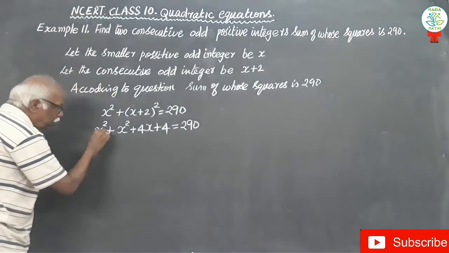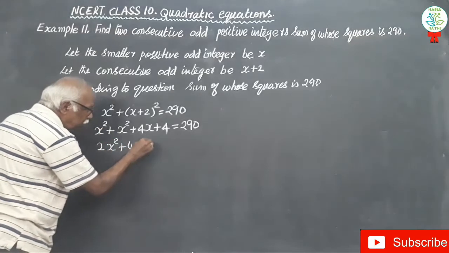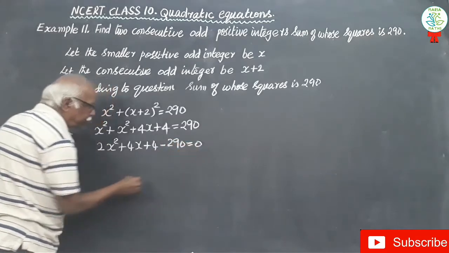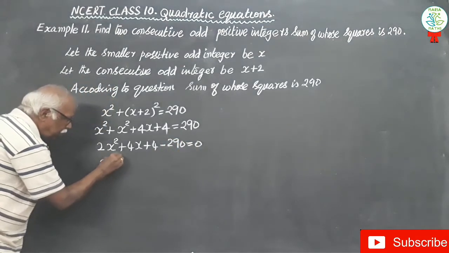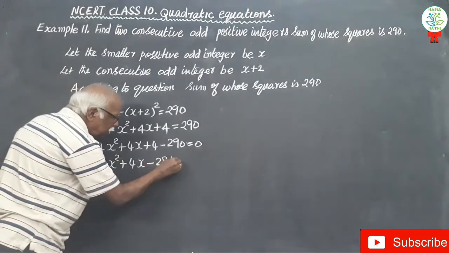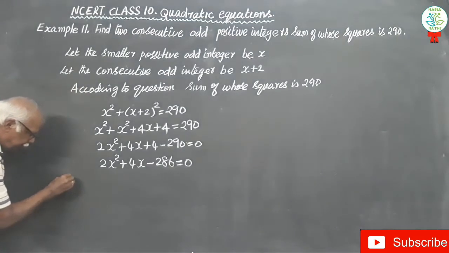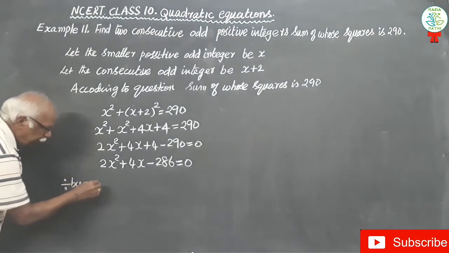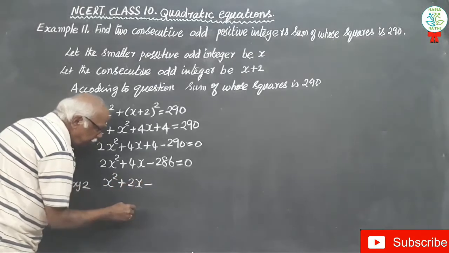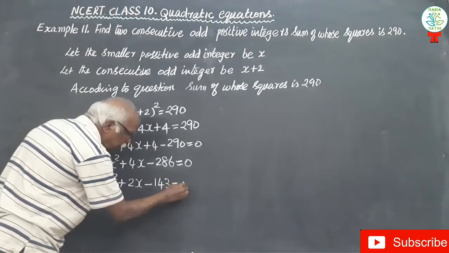x square plus x square, 2x square plus 4x plus 4 minus 290 equal to 0. 2x square plus 4x minus 286 is equal to 0. இப்போ dividing by 2 பண்ணிக்கலாம். Dividing by 2, x square plus 2x minus 143 equal to 0.